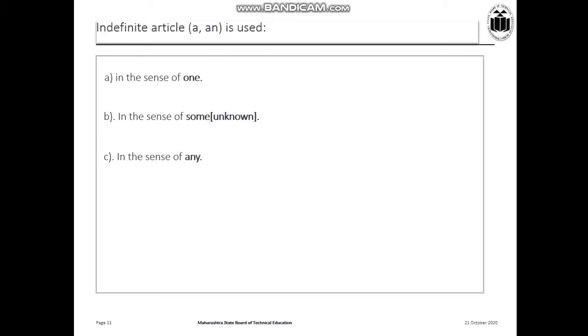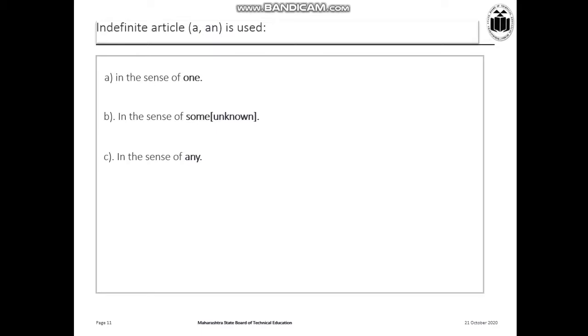In the sense of some unknown, I saw a man wandering in the campus yesterday night. So I do not know who that man is, but he was wandering in the campus last night. So when I'm talking about an unknown person, a stranger, we use indefinite article in such situations.